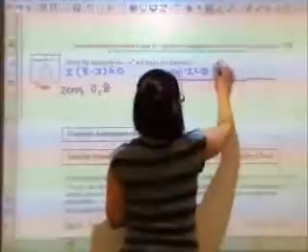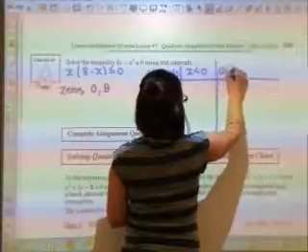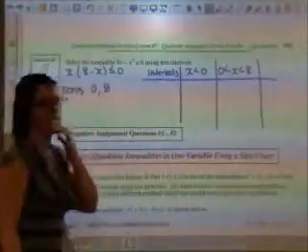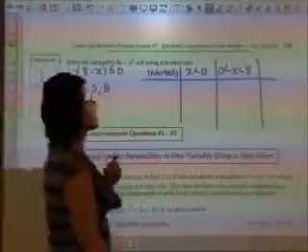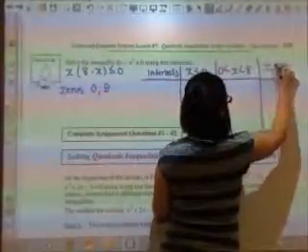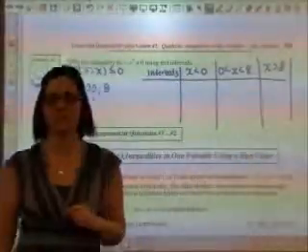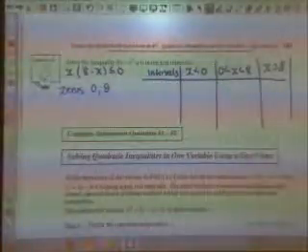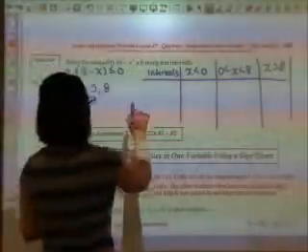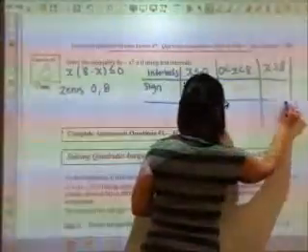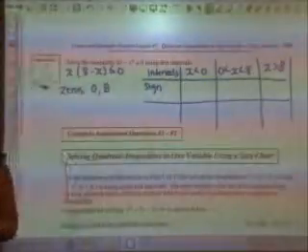Then I have all the values that are in between 0 and 8. And then I have all the values that are greater than 8. And then what I'm going to look at is the sign of the inequality in each of these cases.